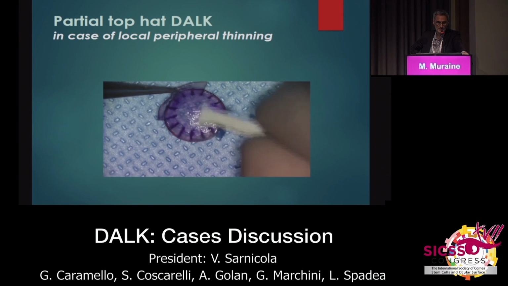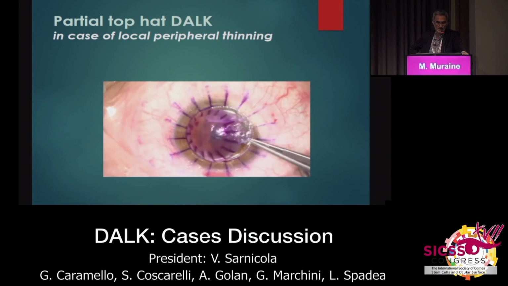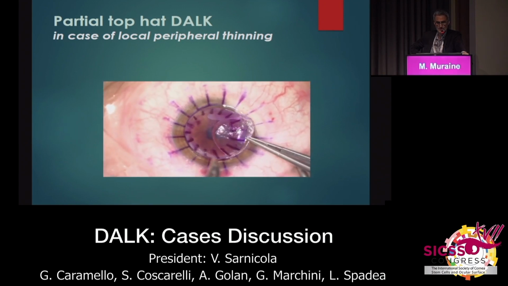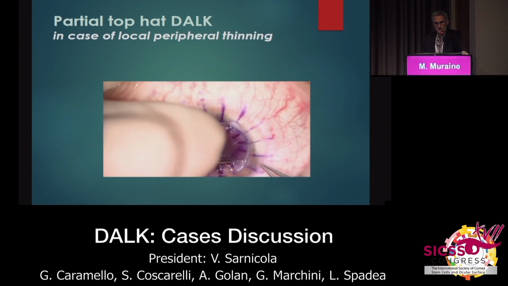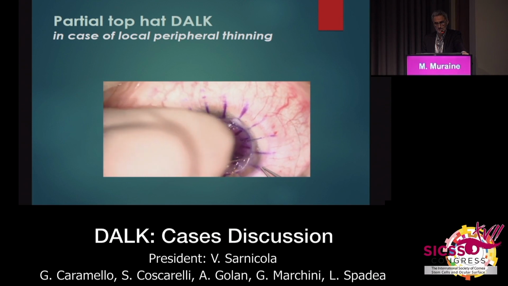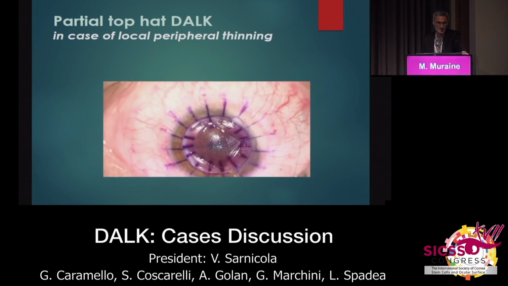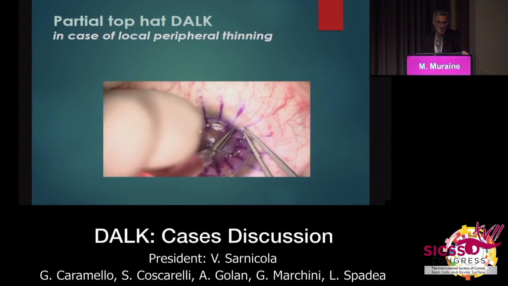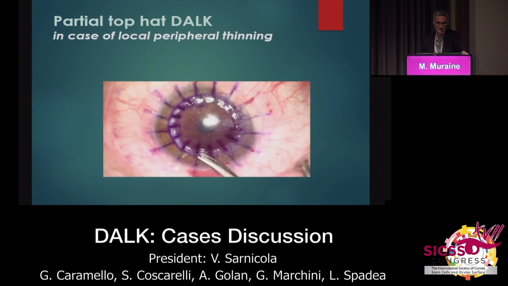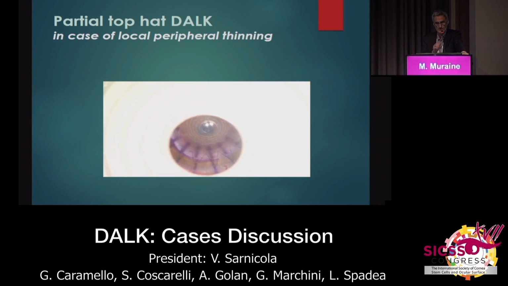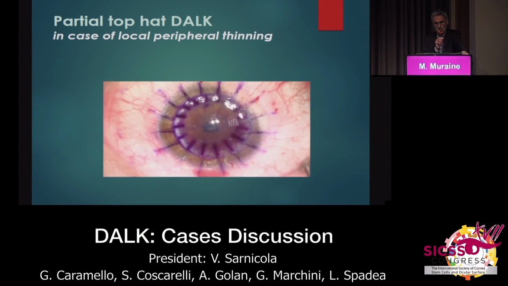You remove the Descemet's membrane, and then when you adjust your cornea, you can put this little skirt in the lamellar pocket that you have performed just before. So you will have a thickening of the periphery of the cornea. Then you can adjust your sutures with the Placido ring, okay?